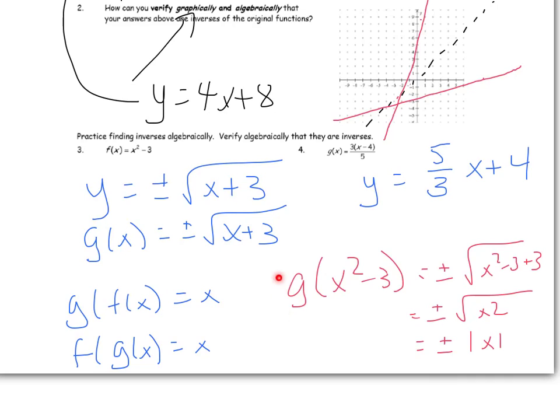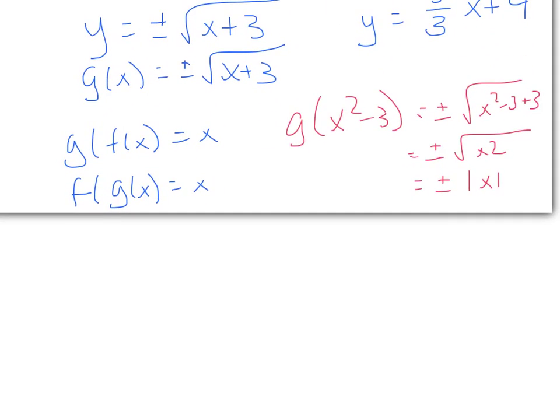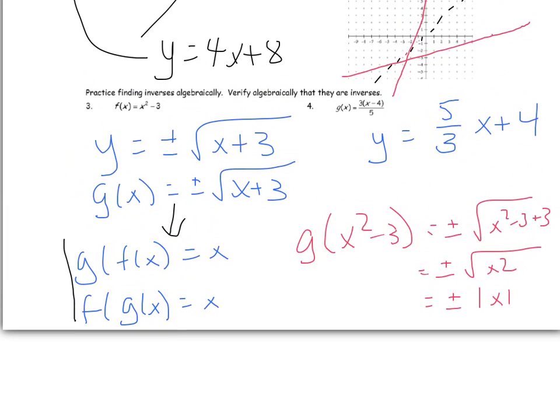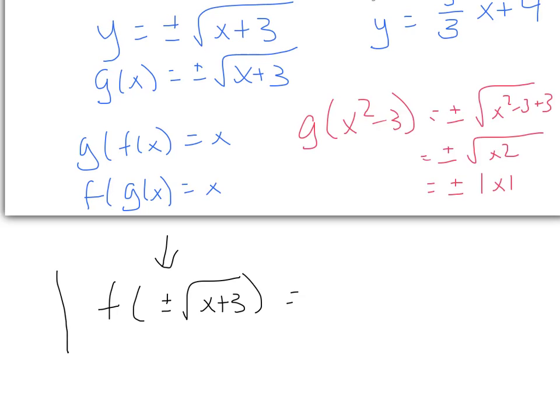We also need to finish verifying this. So not only did I need to check that g of f of x worked, but I also need to check f of g of x. So I'm going to go back and take my f function, which was x squared minus 3, and so I want to take f of plus or minus square root of x plus 3.